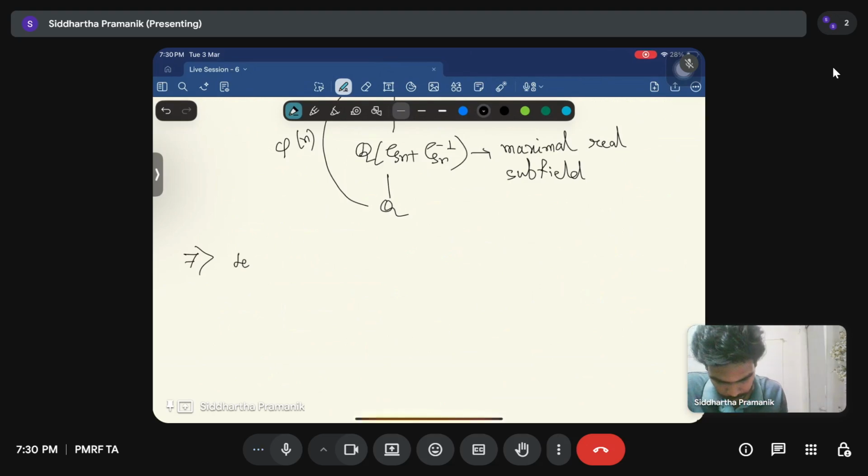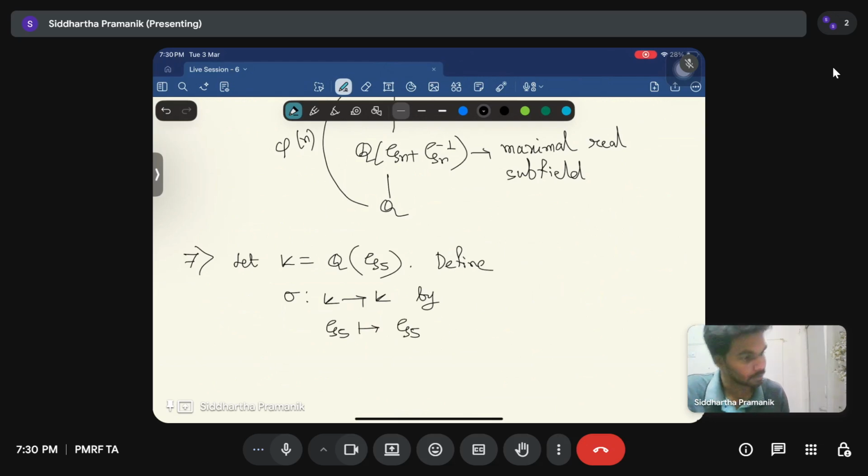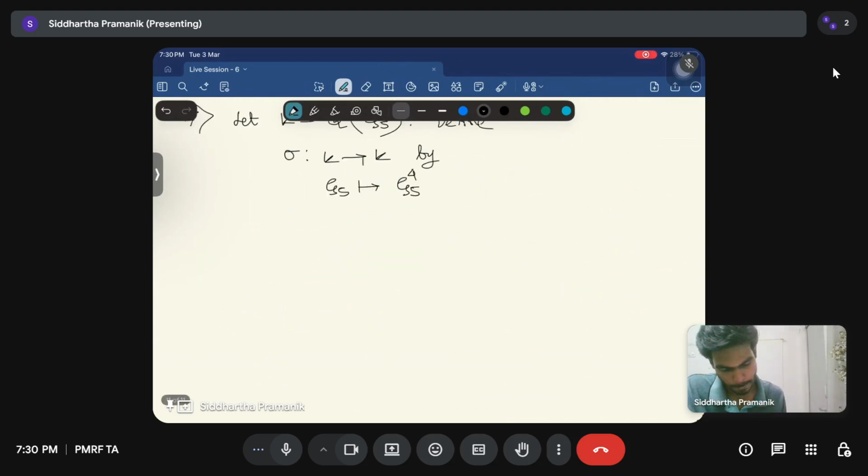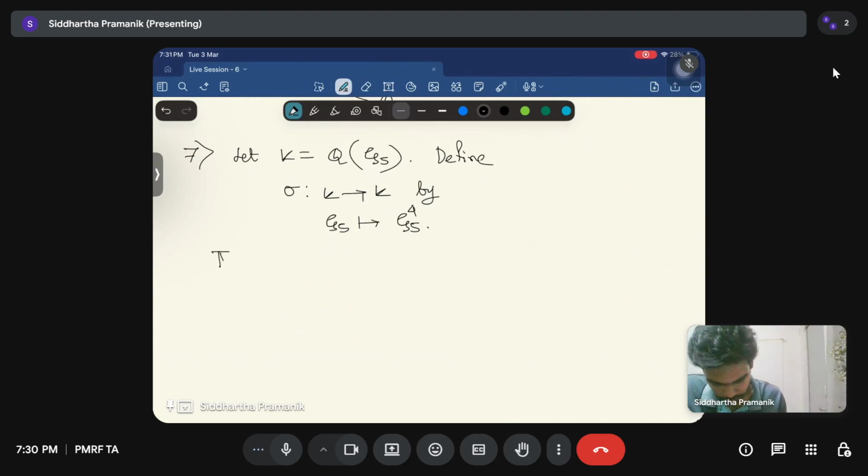Okay, so let K be the field Q adjoin a primitive fifth root of unity, and define sigma from K to itself by zeta 5 maps to zeta 5 to the power 4. Then find the fixed field of this one.